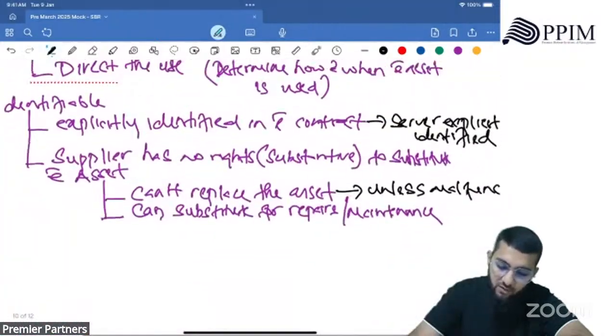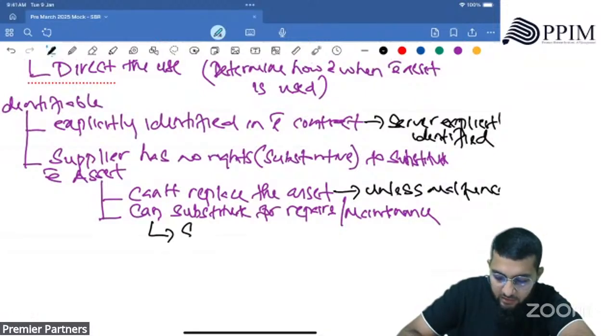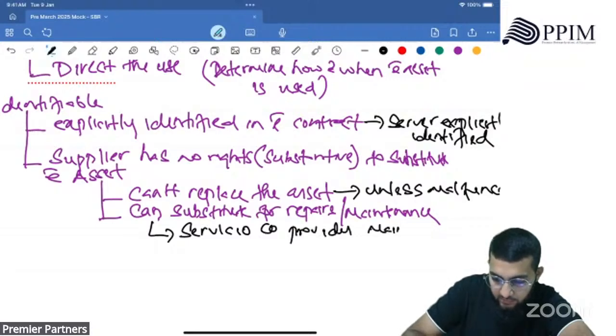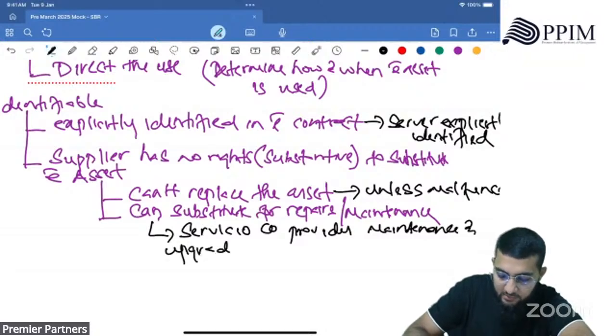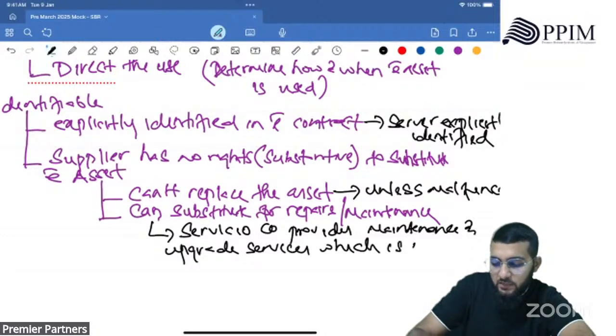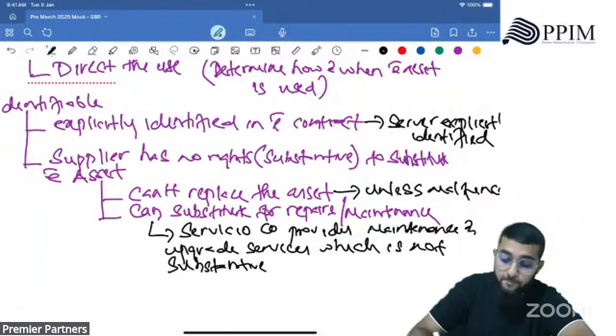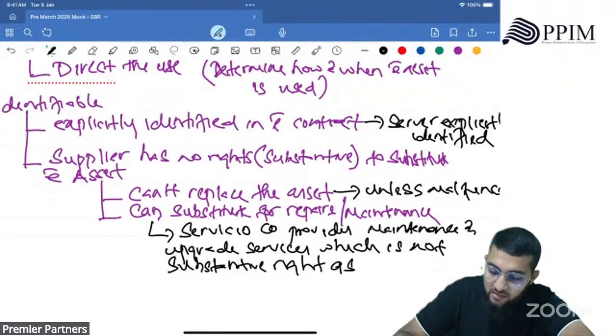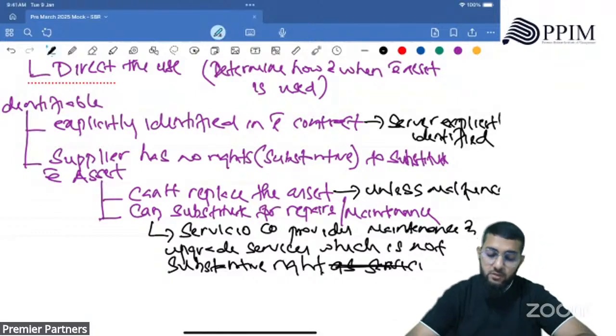So here you can also say ServiceCo provides maintenance and upgrade services, which is not a substantive right.